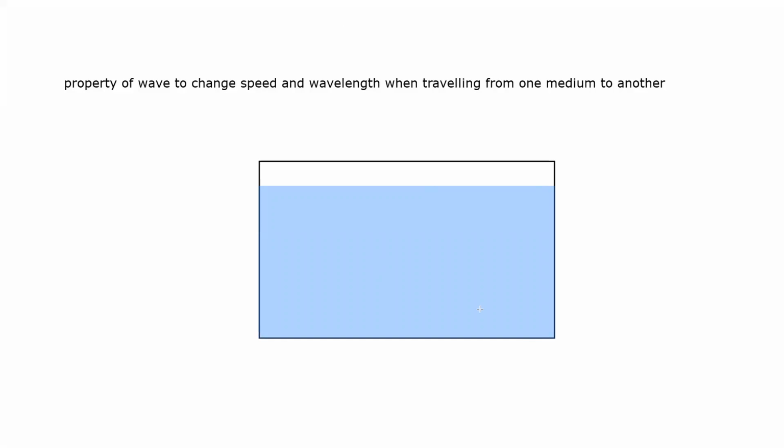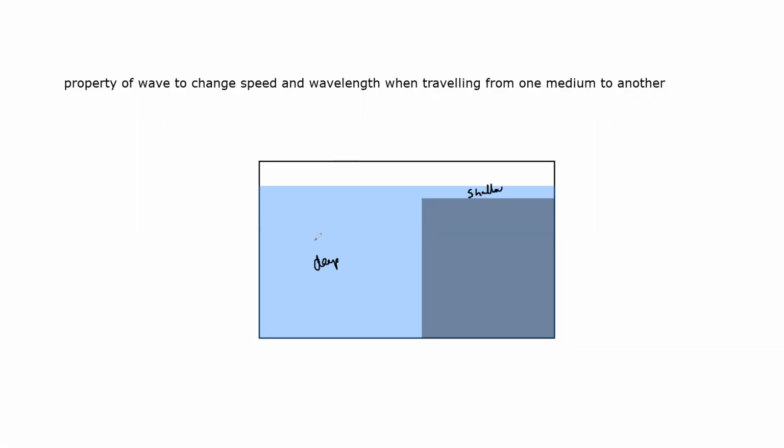Right now it's one medium because there is constant density throughout. But if we place an object inside this tank, we create two regions. One is deep, another one is shallow.